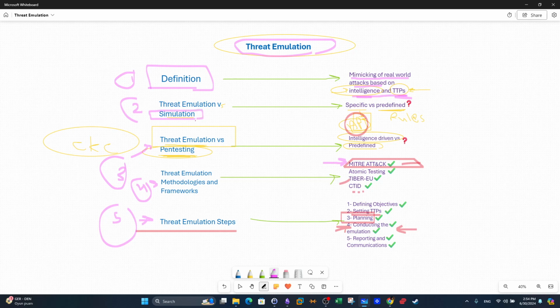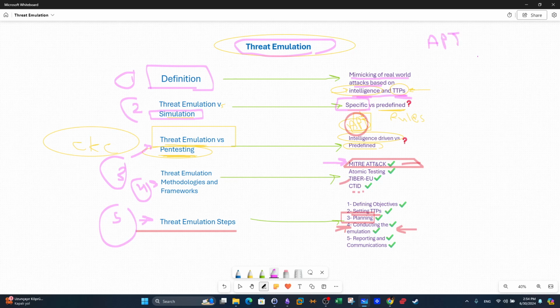Now let's compare threat emulation to threat simulation. What is the difference? In both cases, we are mimicking the attacker's tactics, techniques, and procedures, or in other words, the attacker's behavior. Why emulation and not simulation? Because emulation is specific towards a particular attacker group. We call this an APT.